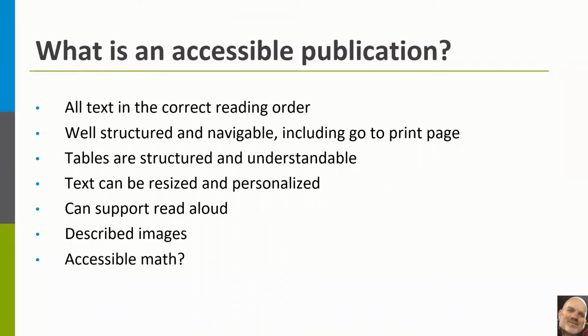Now, in addition to being able to create an ePub in an easy way, it's very important that the ePub that's created is an accessible ePub. So let's talk for a moment about what an accessible ePub looks like. An ePub that is accessible needs to have a reading order that is consistent with the original intention of the author.